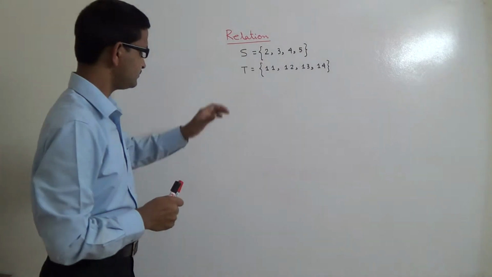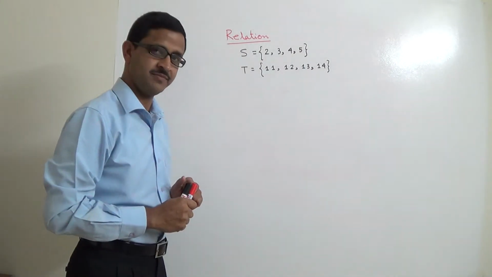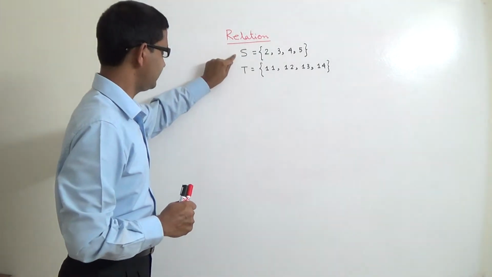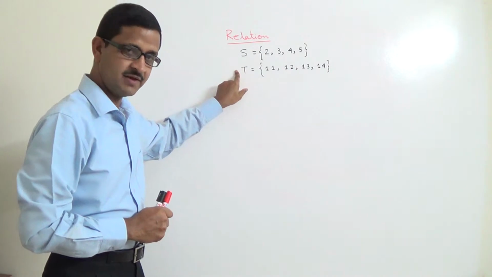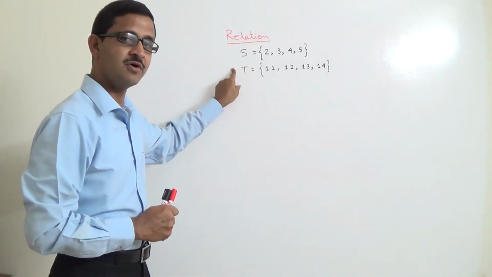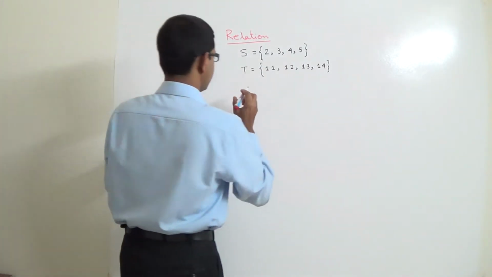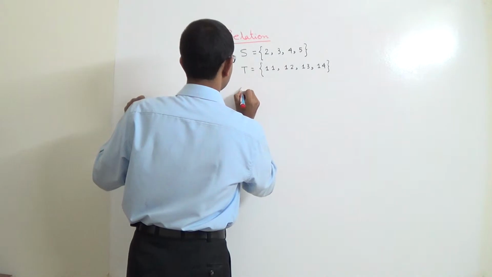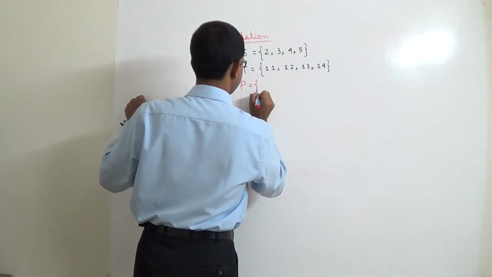Now, let us define the relation between S and T as: the element of S is a divisor of the element of T. Suppose rho is the relation, so it is defined like this.